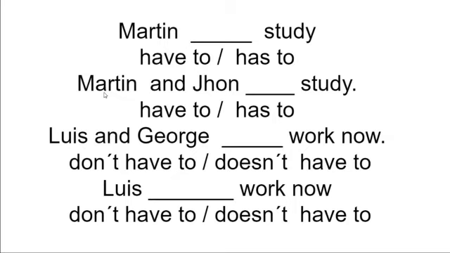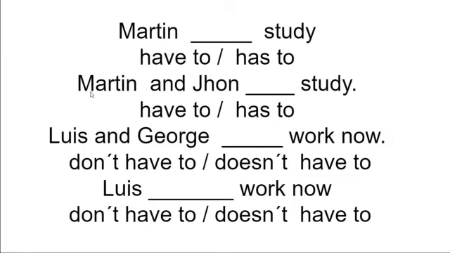In this case, Martín and John space study. Have to or has to. What is the correct option? ¿Cuál es la opción correcta? Have to or has to? Very good.